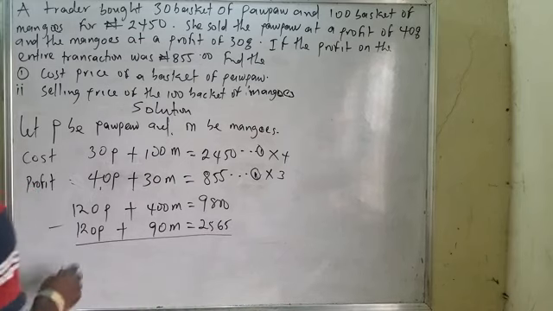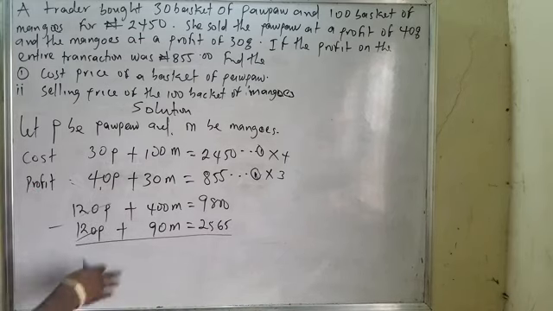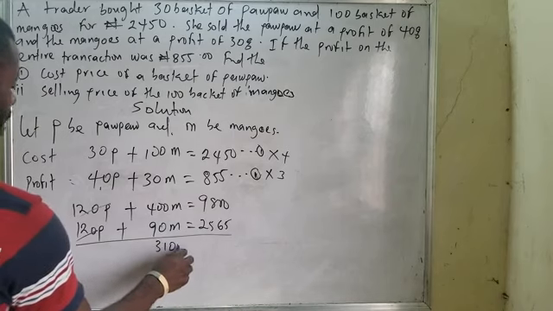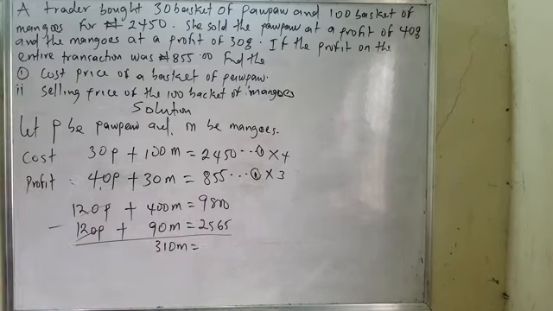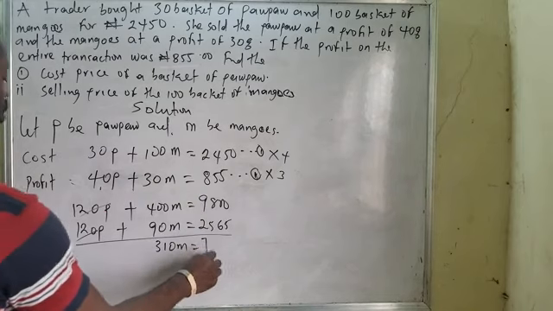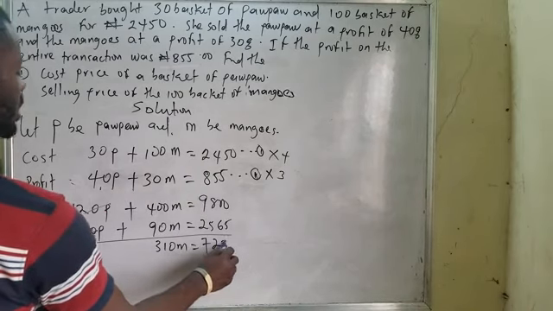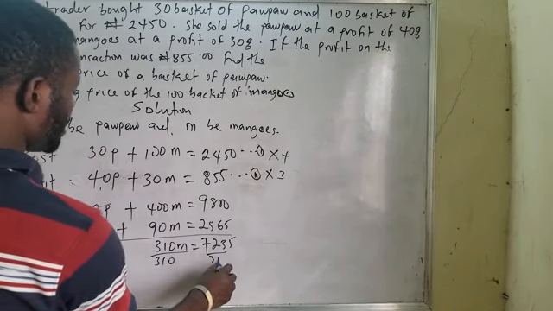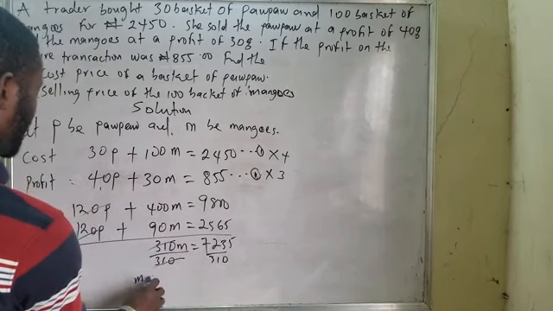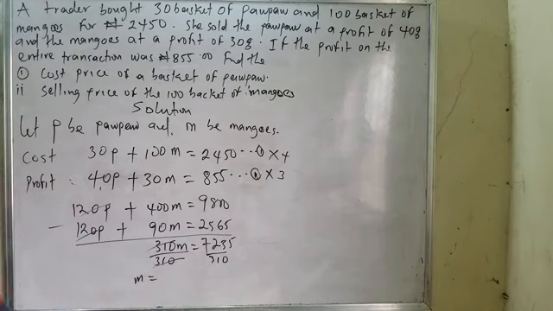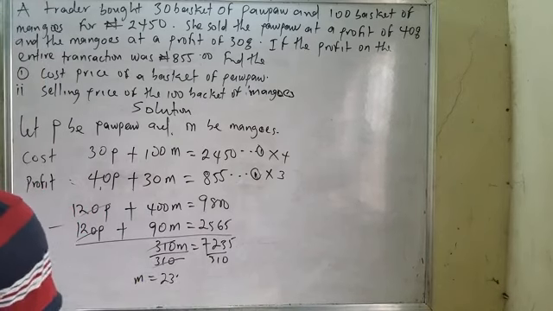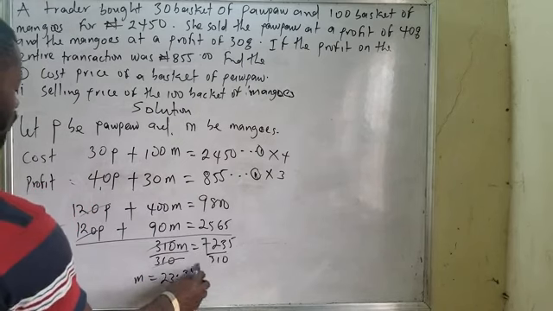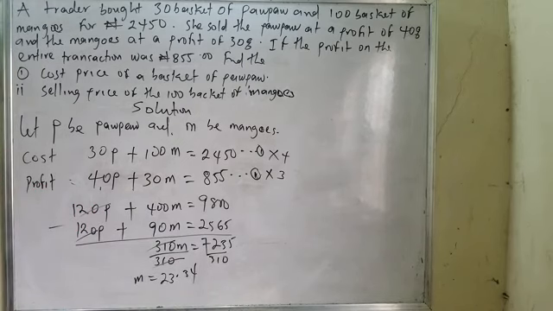I want to eliminate this one, it will move out of the system, which will give me 310 mango equals to 7,235 divided by 3, cancel. My M equals to what? 233.34. That is the mango.